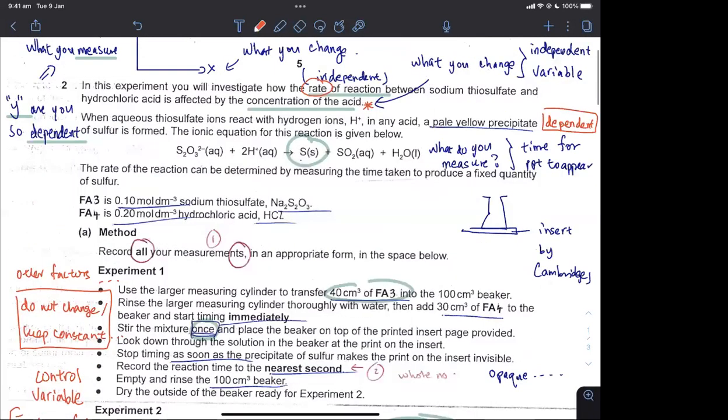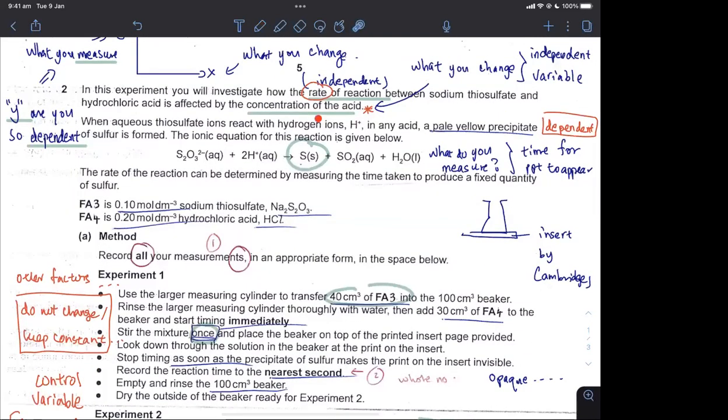What else do you want to keep constant? You are trying to investigate the effect of changing concentration of acid. So do you want to change the concentration of the thiosulfate in these experiments? What do you think? No. So in this experiment, because this is what you're trying to change, you must keep this S2O3 2 minus, which is FA3, constant. So you want FA4 to change.